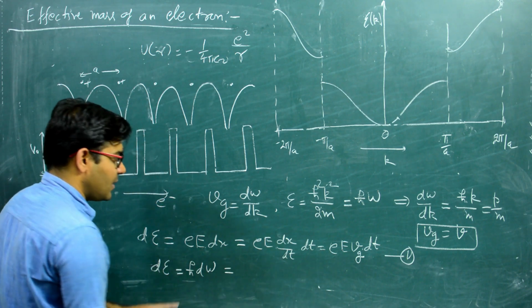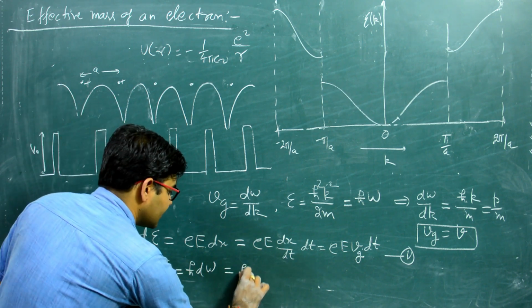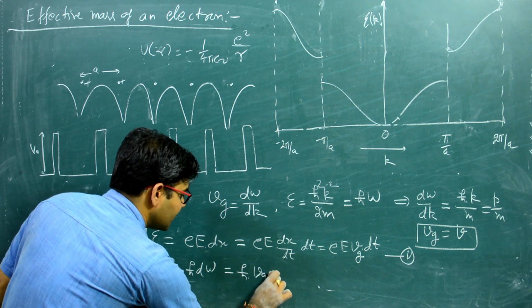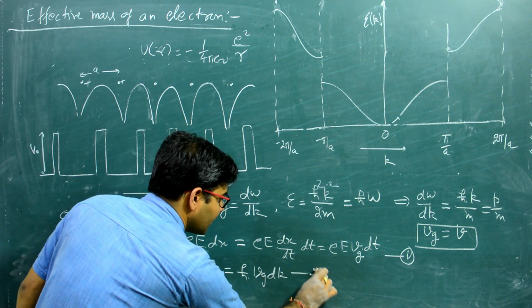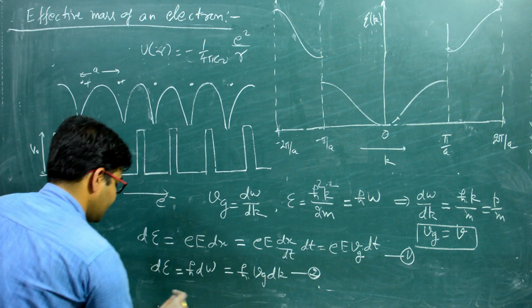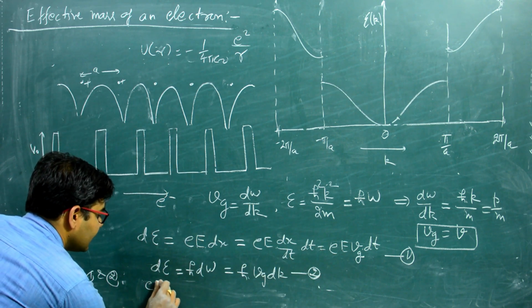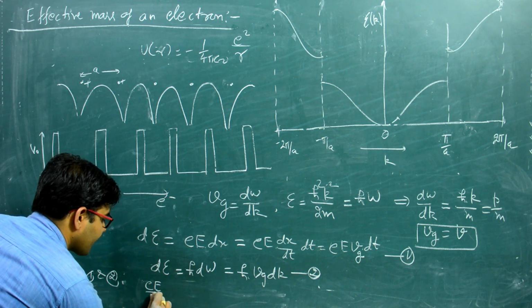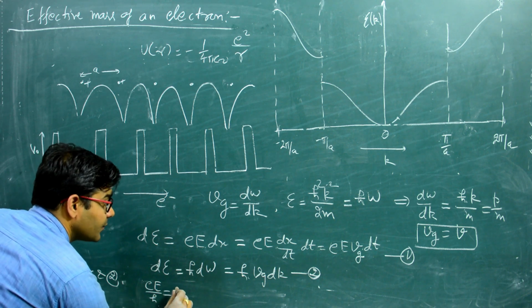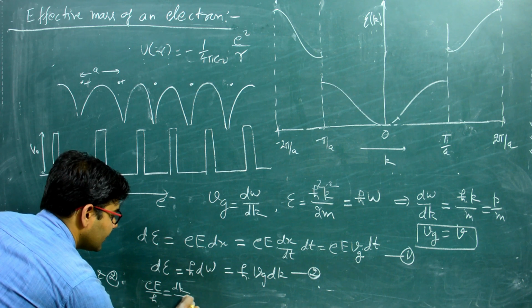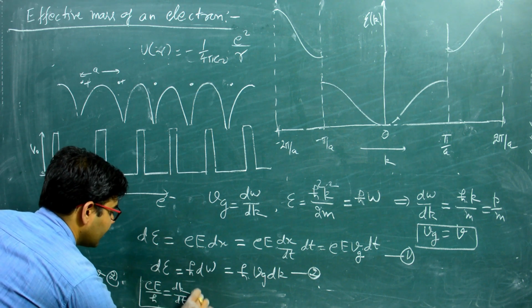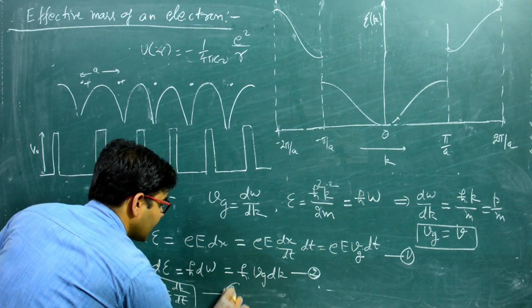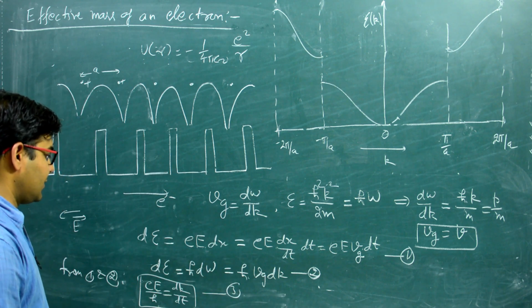If I further multiply and divide by dk, this becomes h cross vg into dk. If I compare 1 and 2, I get the following result: E upon h cross is equal to dk upon dt. So that's what we get.